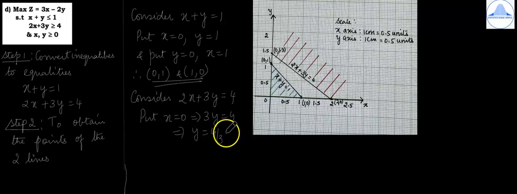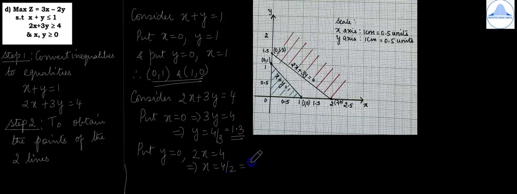So 4 by 3 you will get 1.33, but you can just take it as 1.3. Next you put y equal to 0, so you'll get 2x is equal to 4, which implies x is equal to 4 divided by 2, which is 2. So therefore (0, 1.3) and (2, 0) are the points of the line.